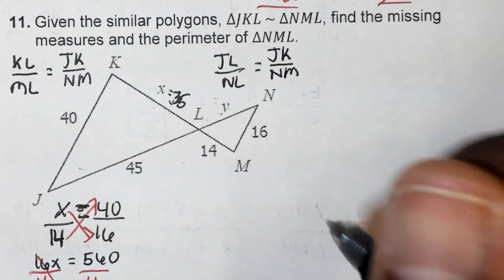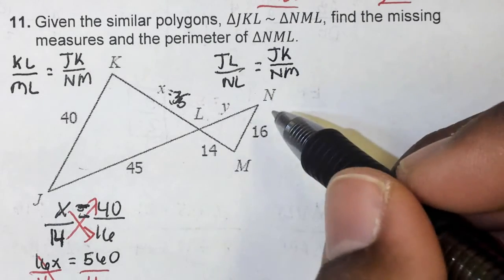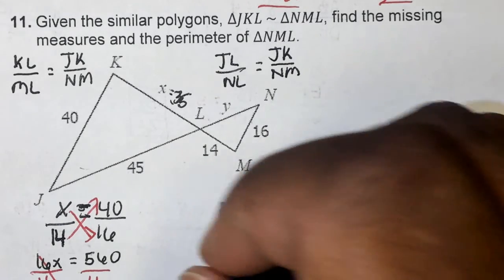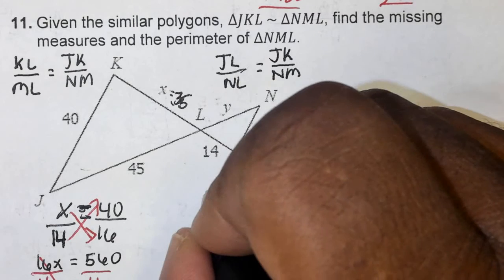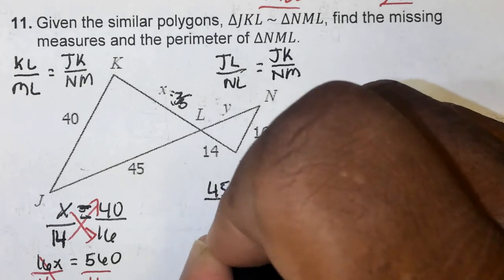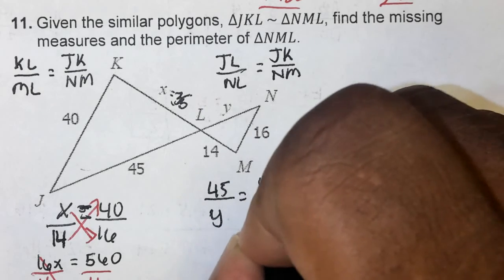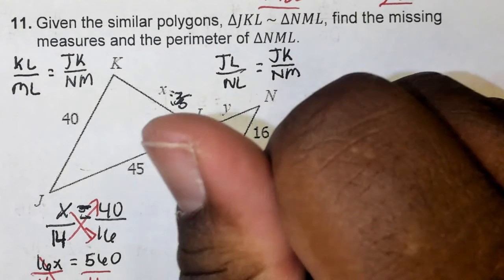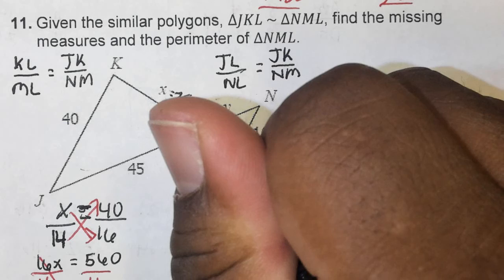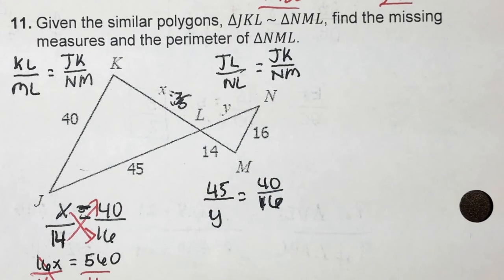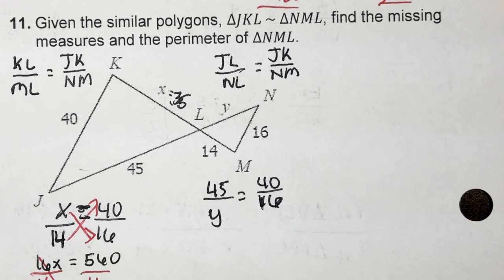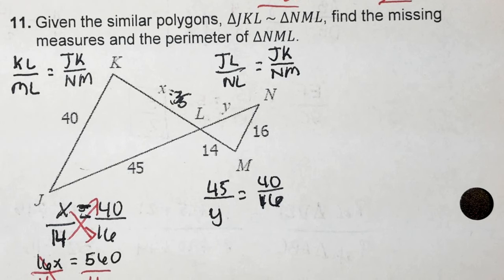But you need to understand, that being said, the way we've written this, our variable is not going to be on top. And this one, JL is on top, so it's 45 over my variable Y equals 40 over 16. Like I said, my kids last year used to always think the variable always goes on top. It does not. It depends on how your setup is.